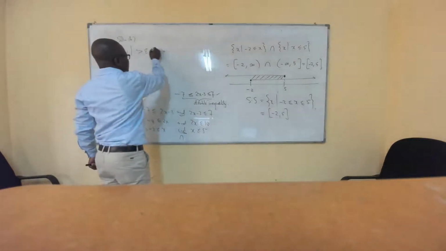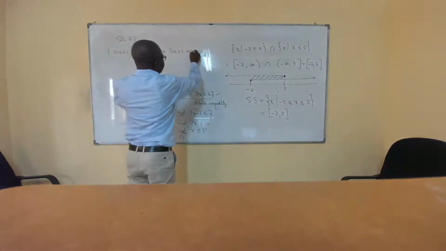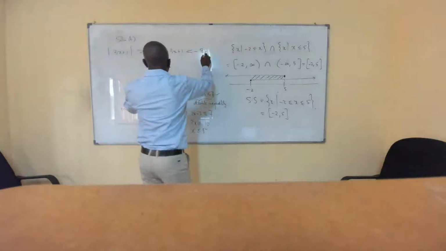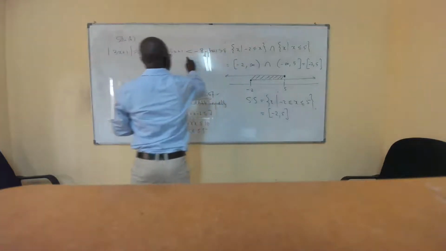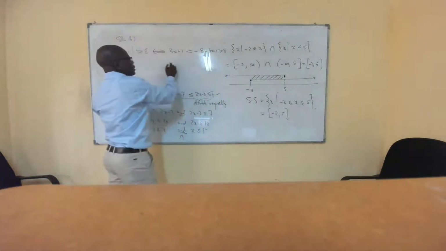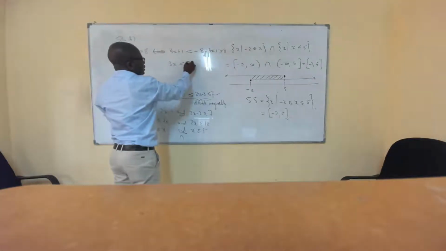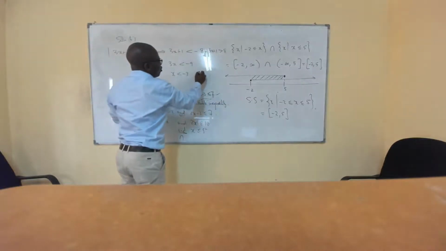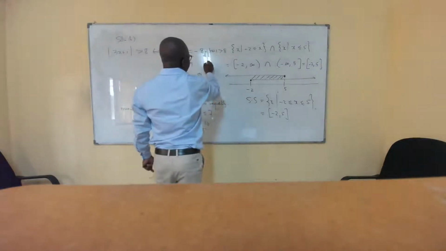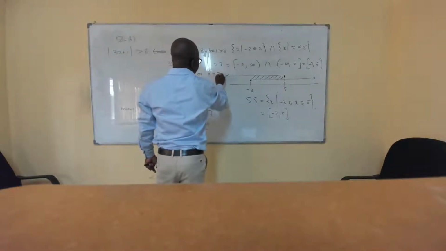This is equivalent to saying 3x plus 1 is less than minus 8, or 3x plus 1 is greater than 8. Remember, I'm saying or here, so we have 3x is less than minus 9, so x is less than minus 3, or 3x is greater than 7.